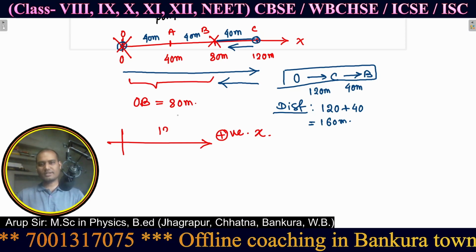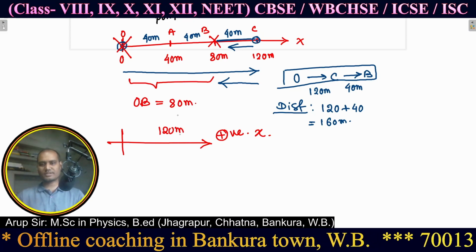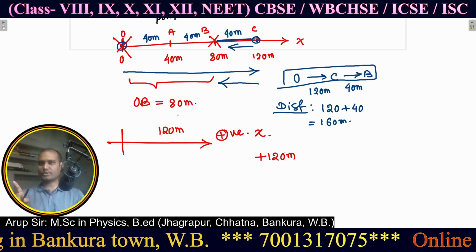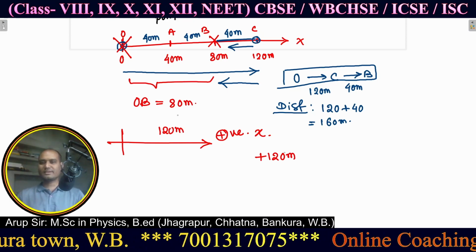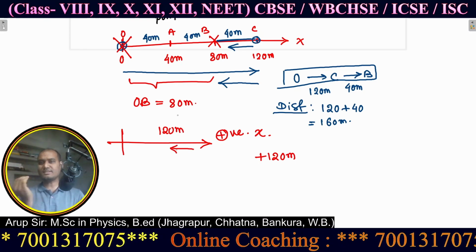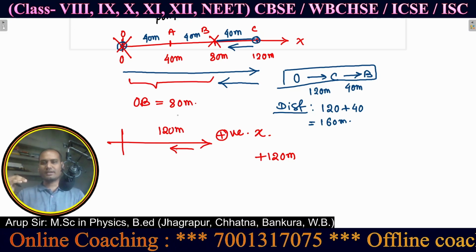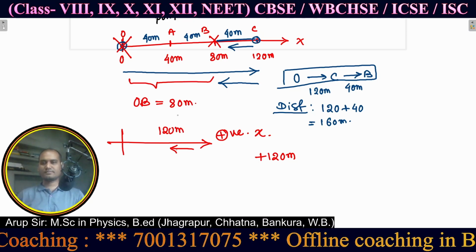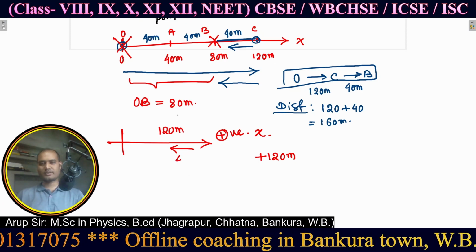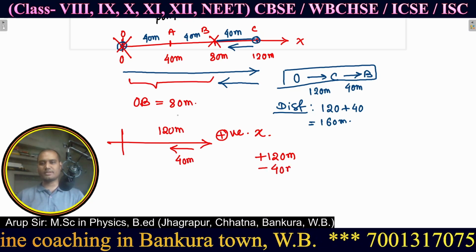So 120 meter you are moving along positive x direction, so you have to write plus 120 meter. Now when he is returning from the point C to B, its direction changes to the opposite, means he is now moving along negative x direction. So 40 meter along negative x direction, so it is minus 40 meter, right?